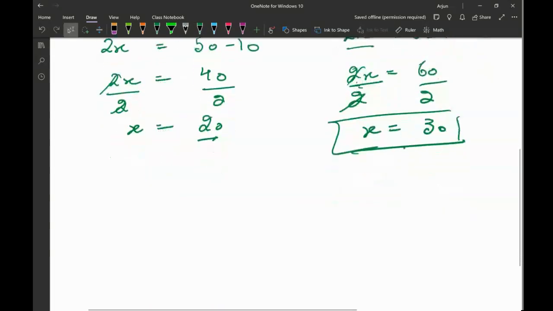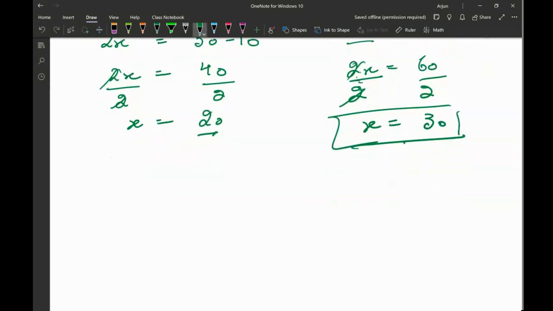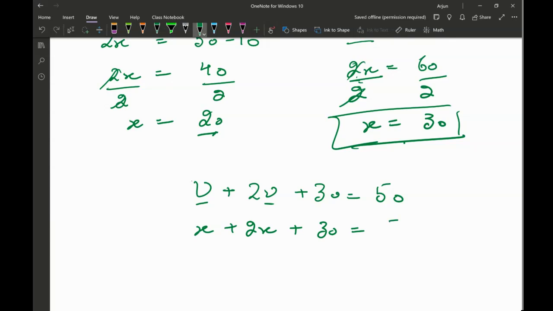Now, the next question is something like v plus 2v plus 30 is equal to 50. I want to solve for v. Like we did for x, you can assume this v as an x also. So x plus 2x plus 30 is equal to 50.